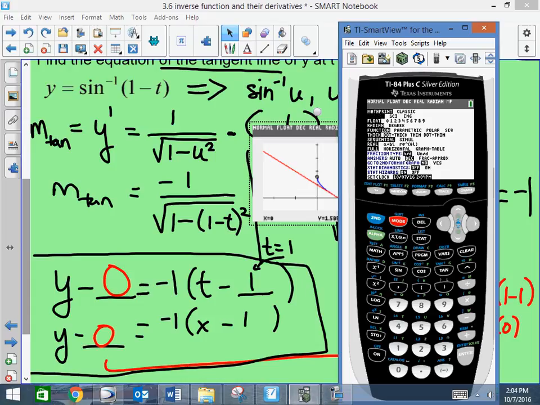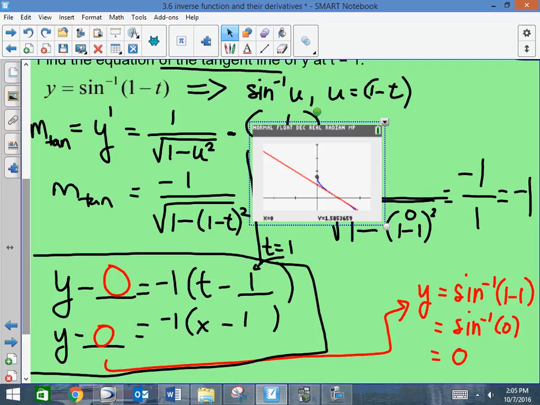Okay? So this little blue piece, remember that's the very restricted piece between 0 and pi. And then that's the inverse sine between 0 and pi.